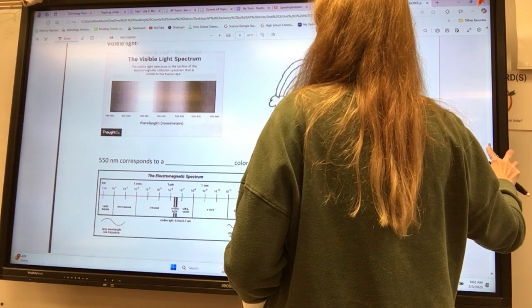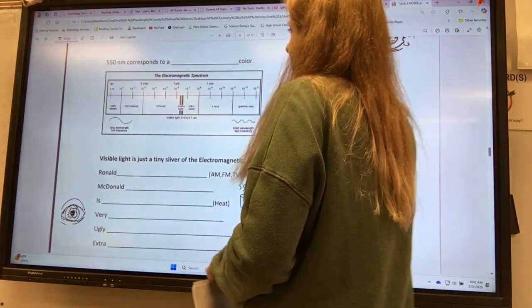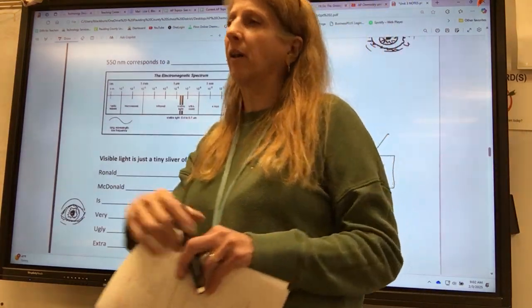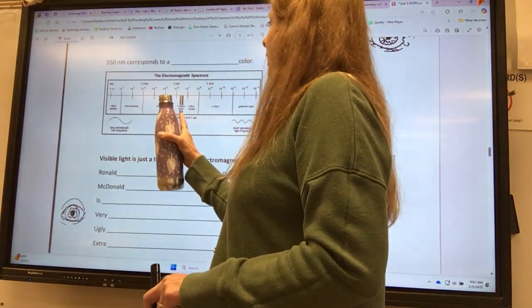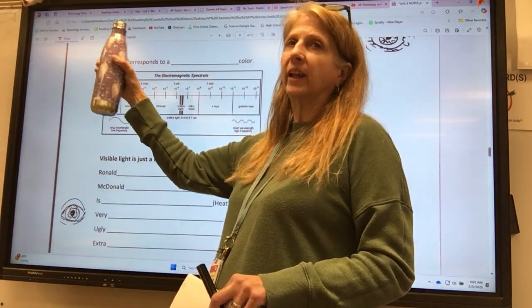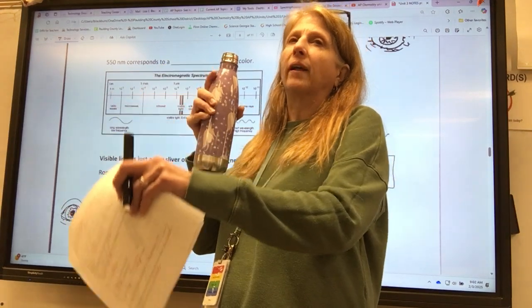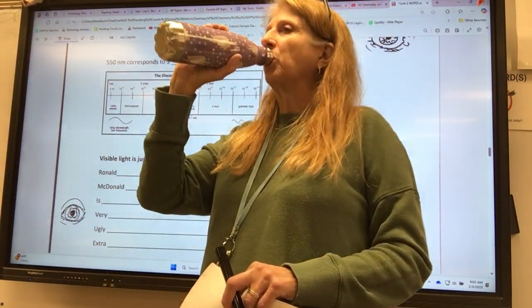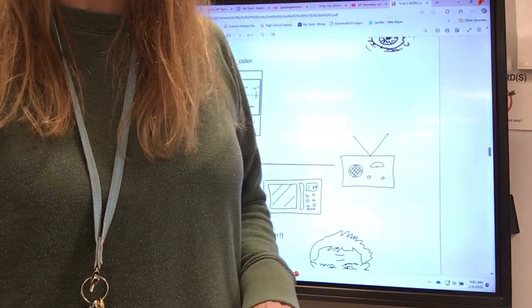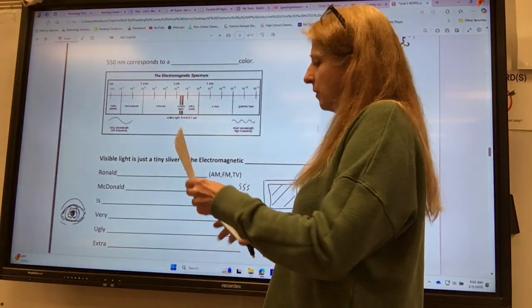We'll look it up. I'm thinking 550 corresponds to green, but there'll be problems like that where you solve for a wavelength and then you tell what color it corresponds to. They like multi-step problems, so this is a multi-step problem. I think you'll be able to see them on the I do, we do's.